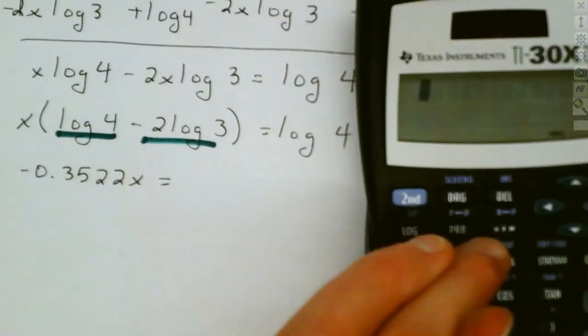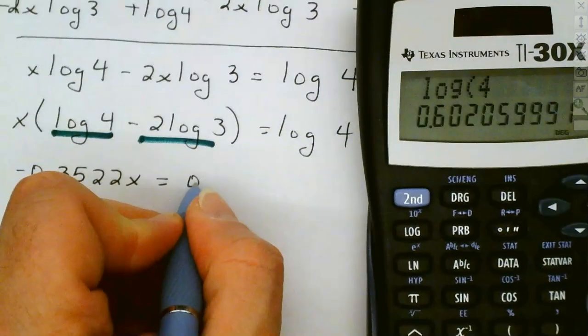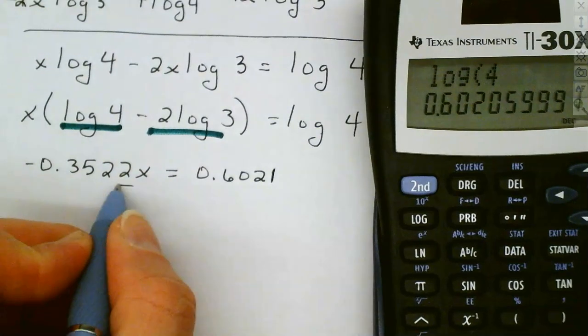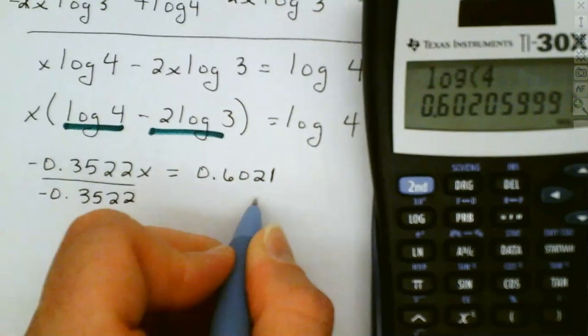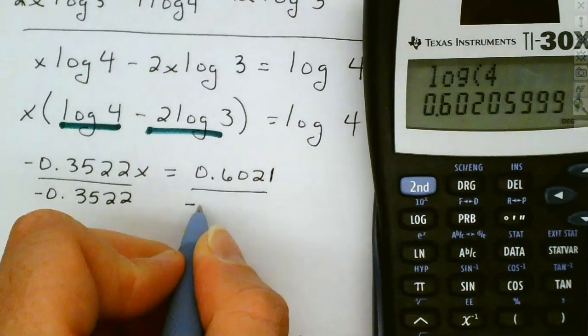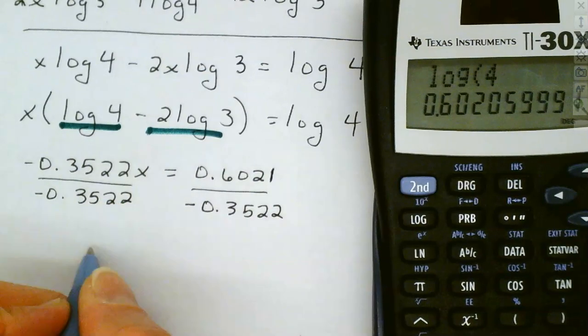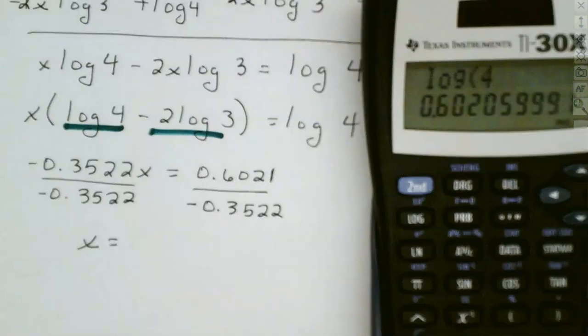And log of 4 is 0.602 if we round. We can now divide, and we can get our final finished answer. And we want to now round to the nearest... Okay, for these, for 11 through 34, give the solutions as a decimal, correct to the nearest thousandth.